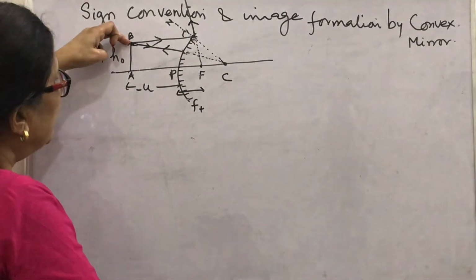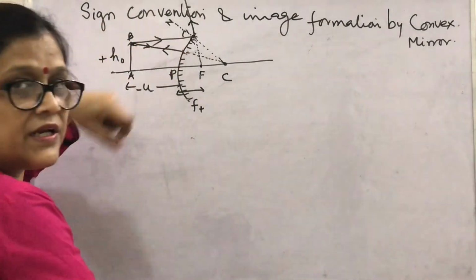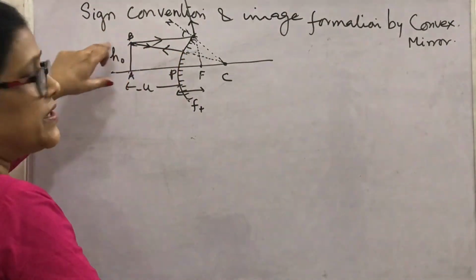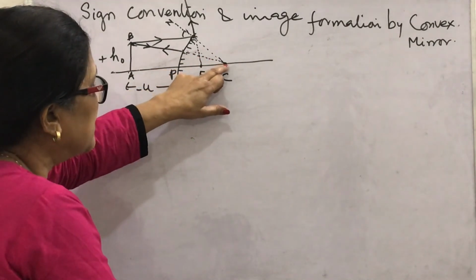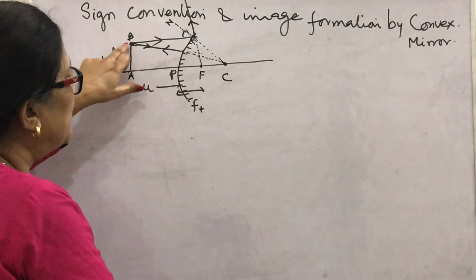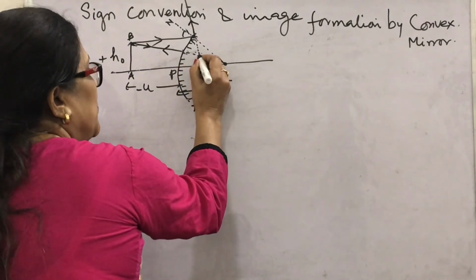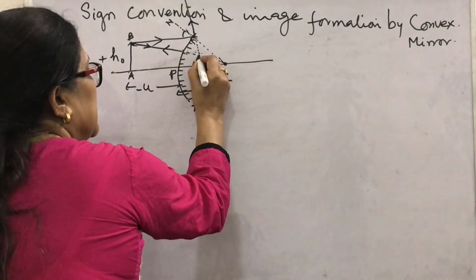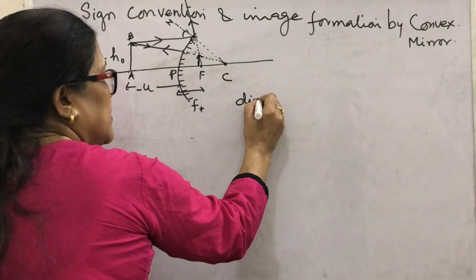Listen again, for this ray, this is the normal, this is the incident ray, so the same will be the reflected ray. So on extending back, it will pass through C, only then it is supposed to be normal. Then at the point of intersection, you will get the image, which is diminished.